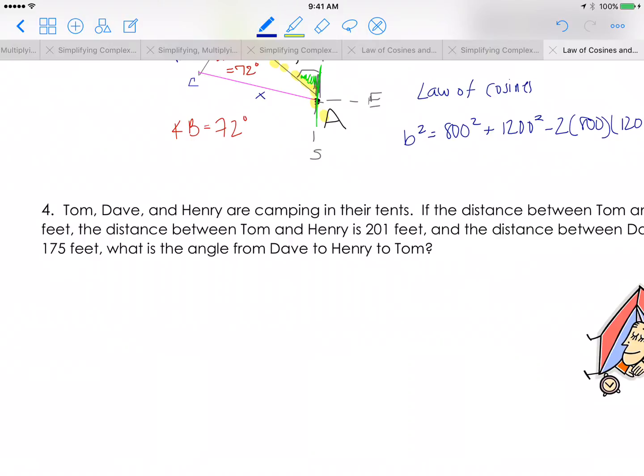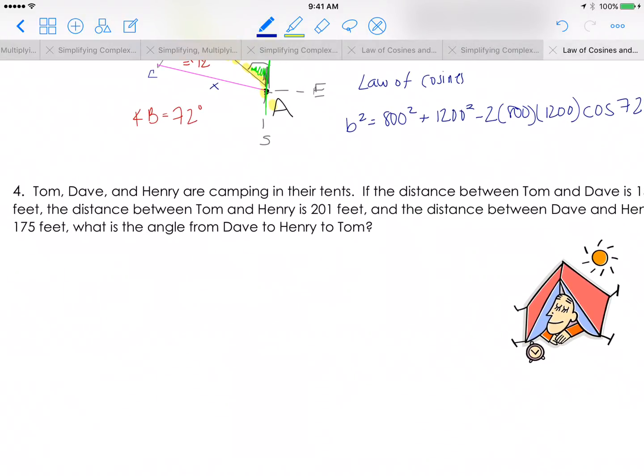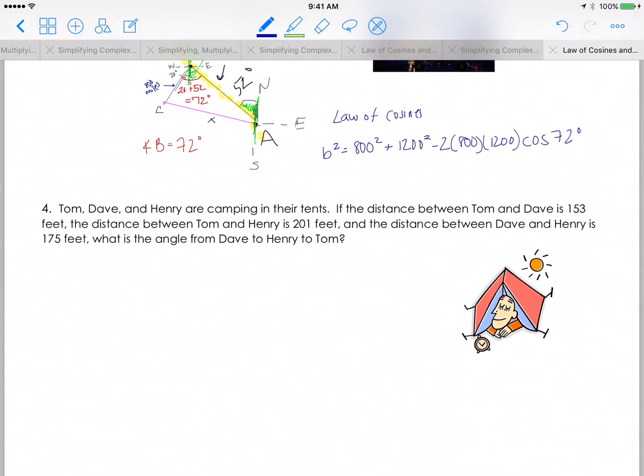Okay, let's move on to number 4. Tom, David, and Henry are camping in their tents. If the distance between Tom and David is 153 feet, we know it's going to form a triangle somehow. It doesn't say anything about the angles, so we can just draw that straight.